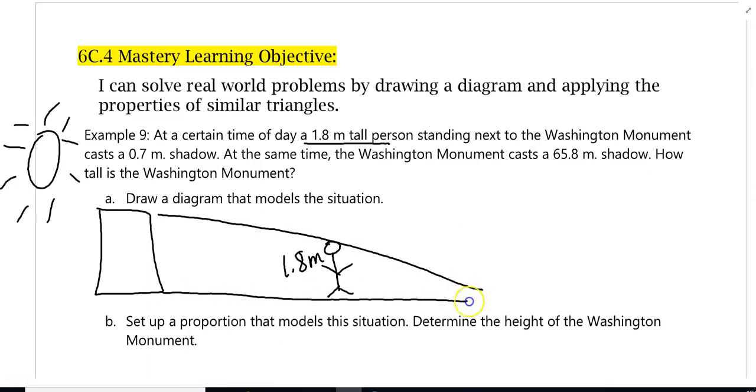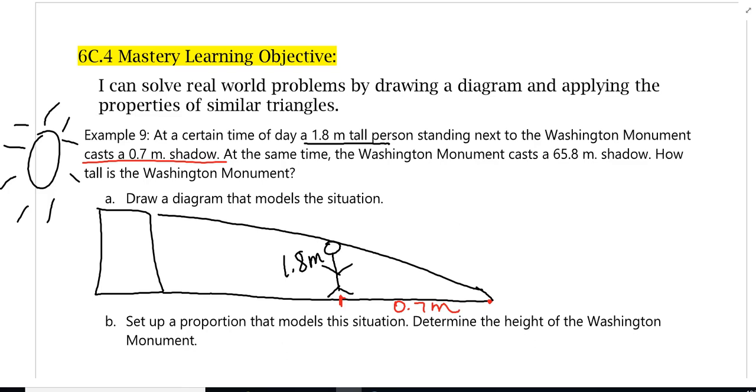And this is my ground. And obviously it's going to cast some shadow. So basically what's going on is that my little person here, his shadow is obviously after him, right? It's whatever this length to this length is. So this is going to be 0.7 meters.